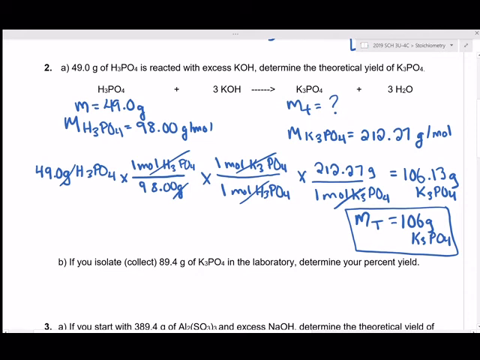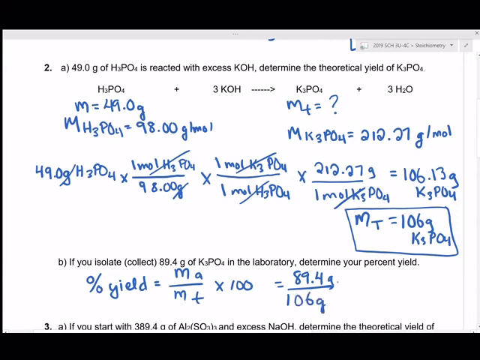So we now know that percent yield is equal to the actual mass divided by the theoretical times 100, which is going to be 89.4 grams divided by, oh, we should have got 106 grams times 100.